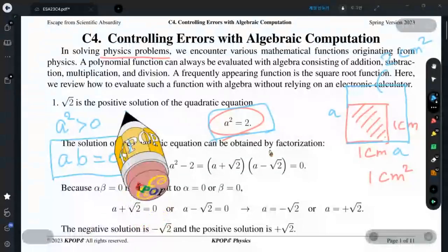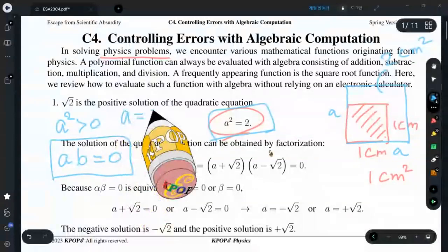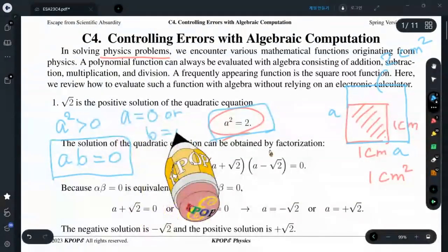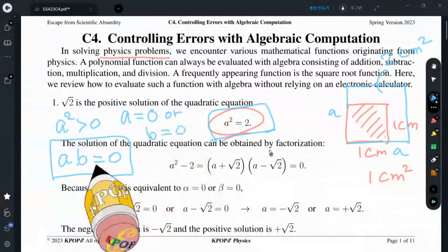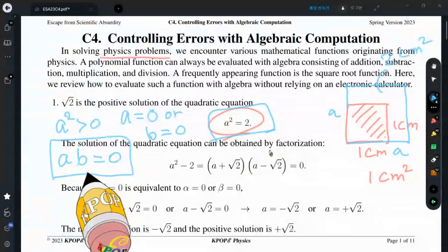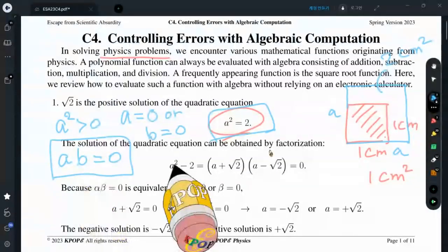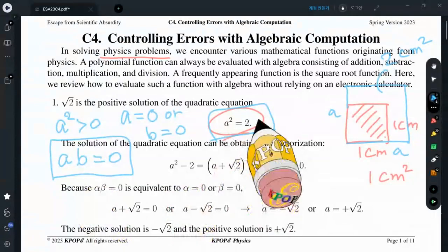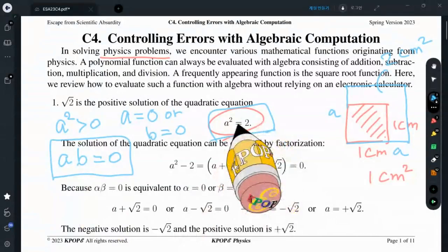The answer is A equals 0 or B equals 0. A trick to find out the answer in an algebraic way is this one. This one includes any powers. For example, we have the square root of 2. We are looking for the square root of 2. That is a solution of this.